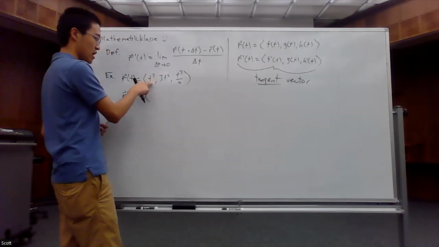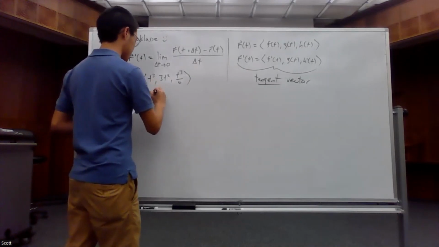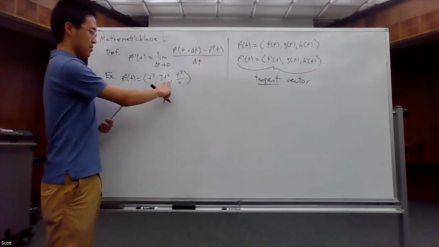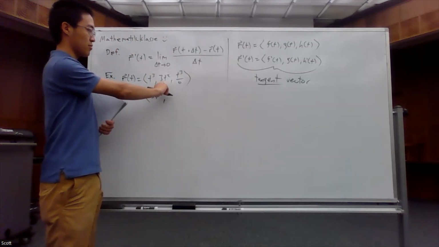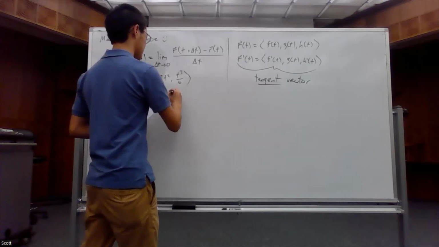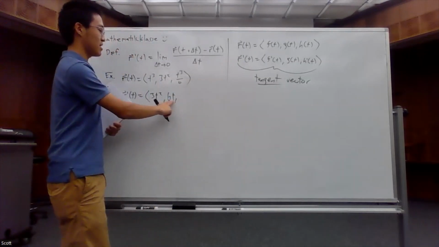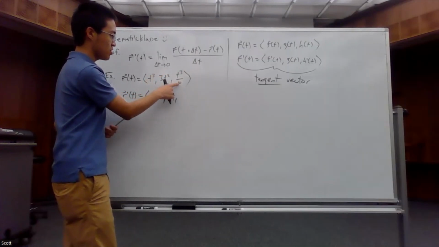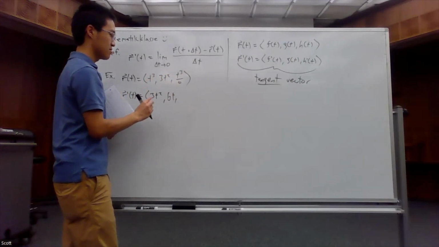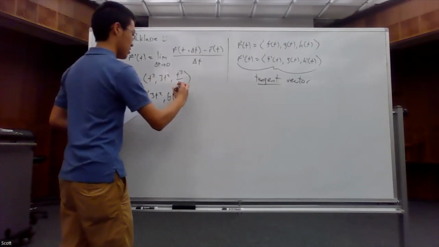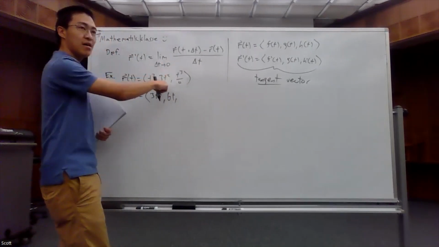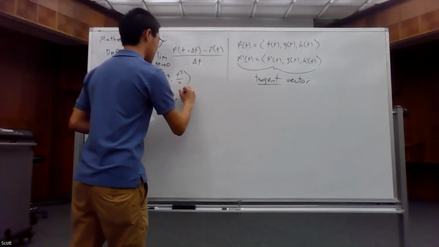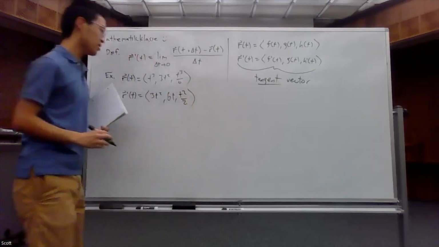The derivative of t cubed is just 3t squared. And then the derivative of the second component, 3t squared, is 6t, not to be confused with 60, the number. And then t cubed over 6: the 3 is going to come down, cancel with the 6, so you have t squared over 2. And there you go.